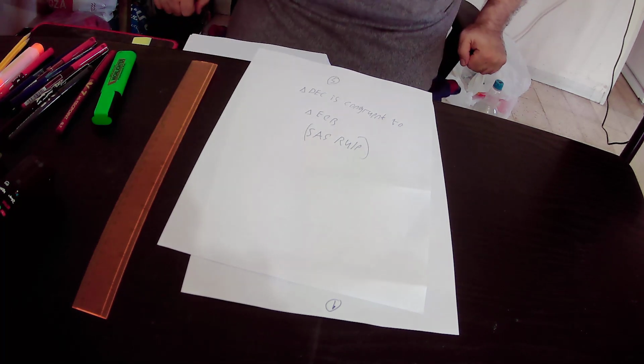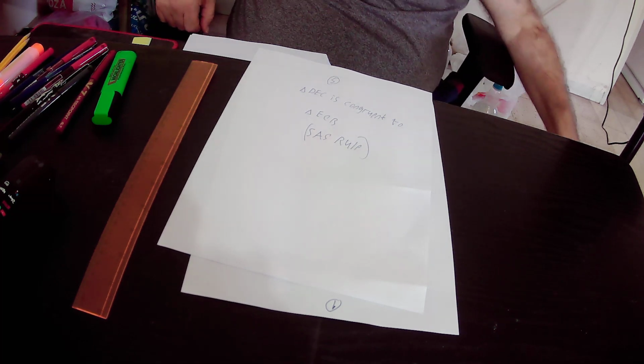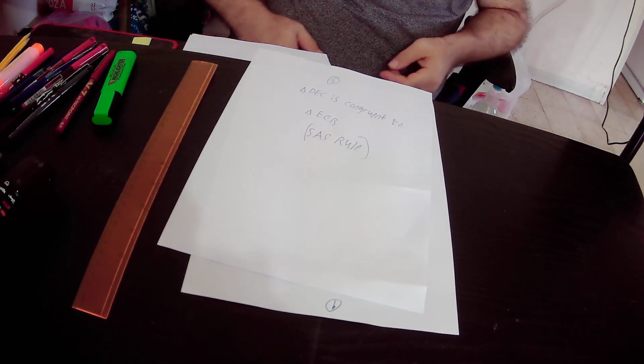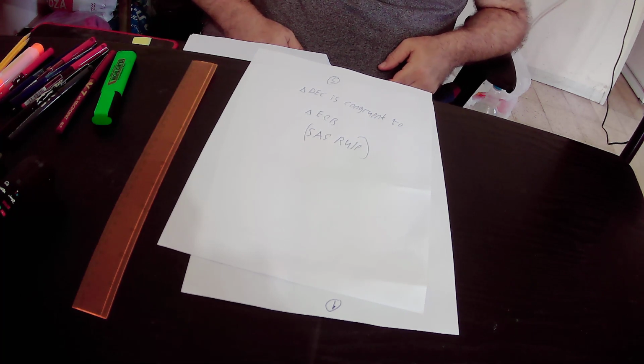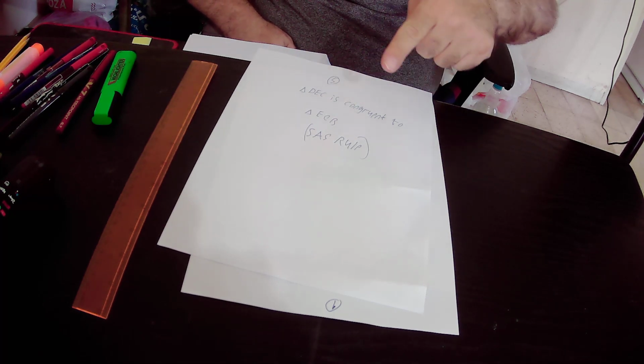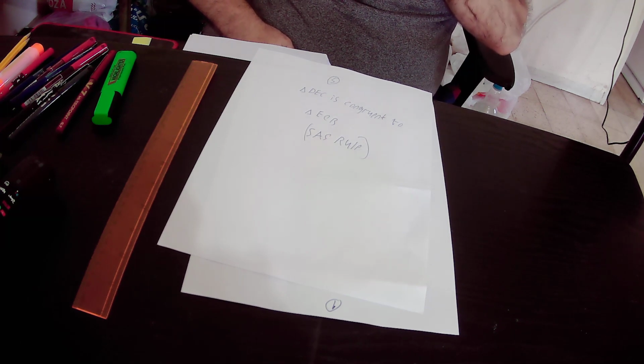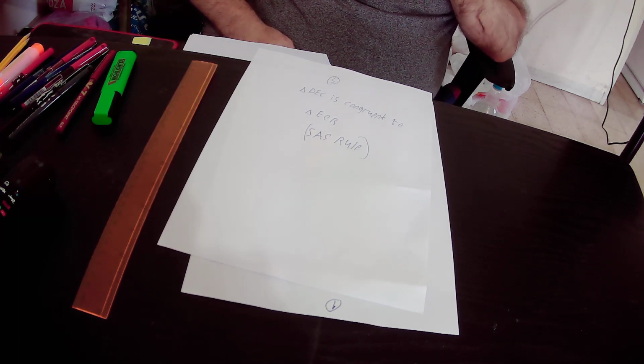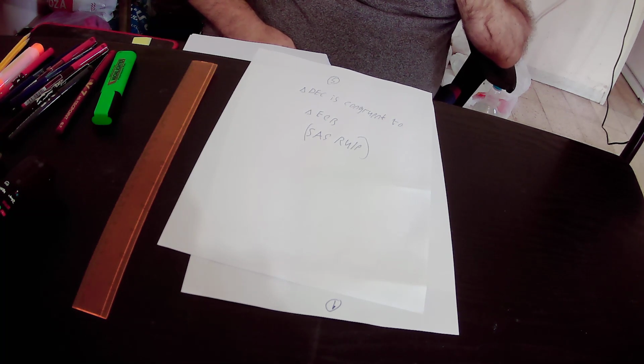The side angle side rule states that if two sides and the included angle of one triangle are equal to two sides and the included angle of the other triangle, then those two triangles are congruent. The included angle is the angle between the two sides that are equal to each other.